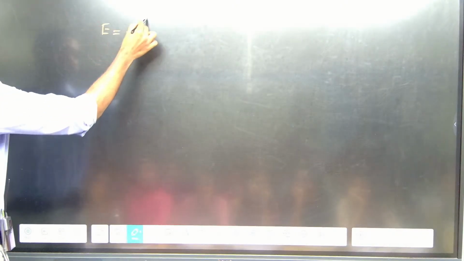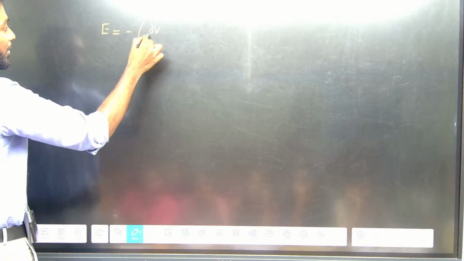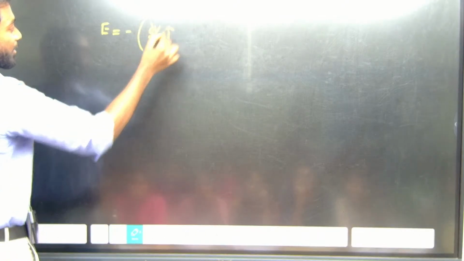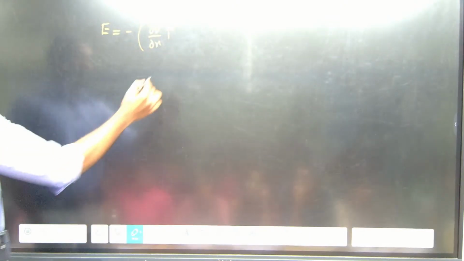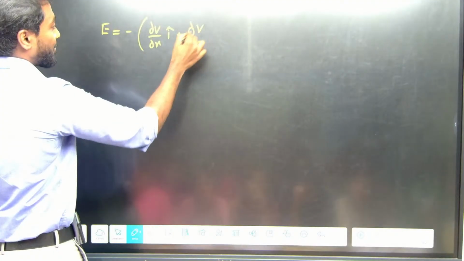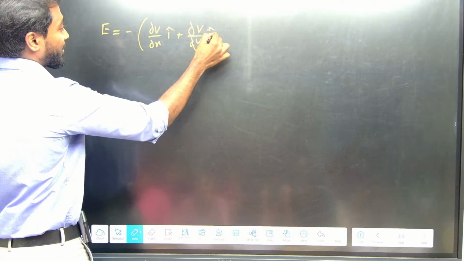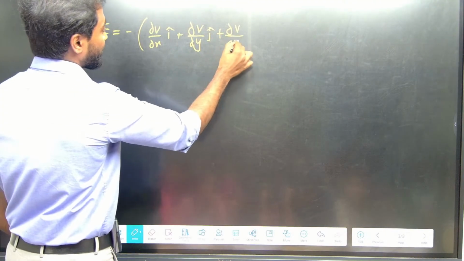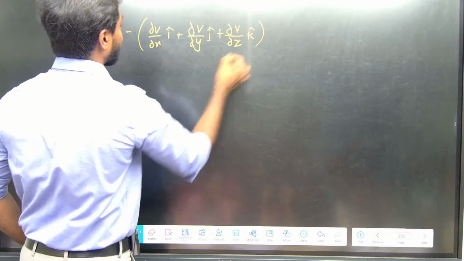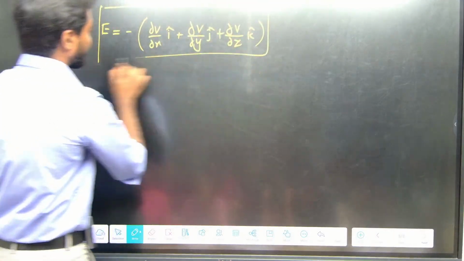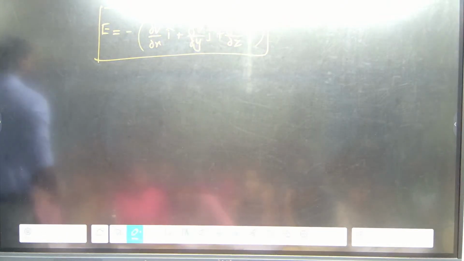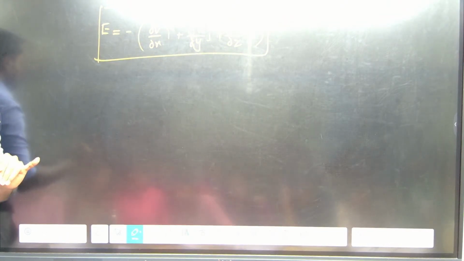Like we'll do the problems based on this. Okay, E is equal to minus of dou V by dou x i cap plus dou V by dou y j cap plus dou V by dou z k cap. This is the relation. So the equation will be given in terms of x, y, z.